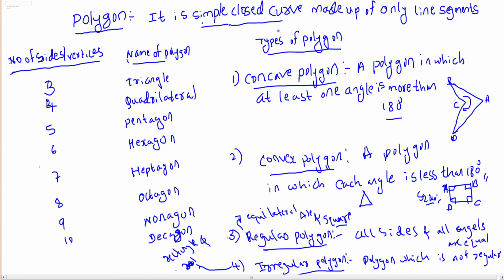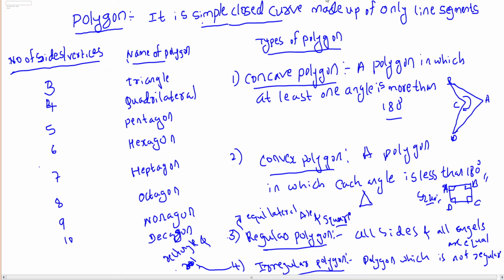There are different types of curves we have studied already: open curve, closed curve, and simple closed curve. A closed curve begins and ends at the same point.